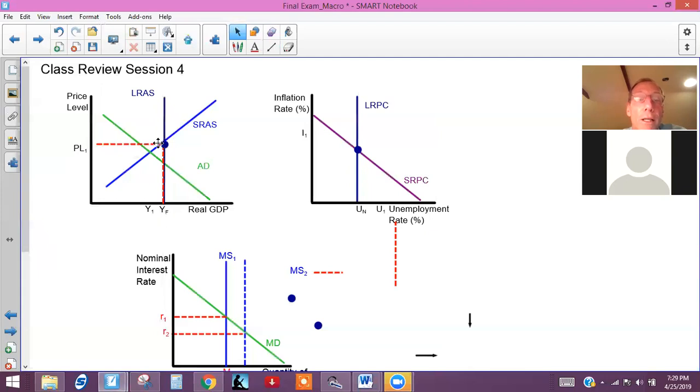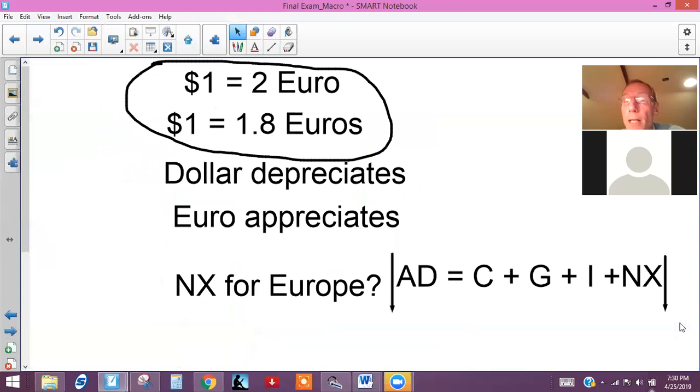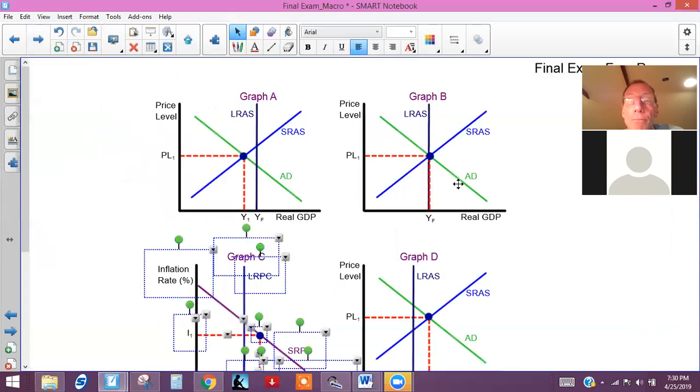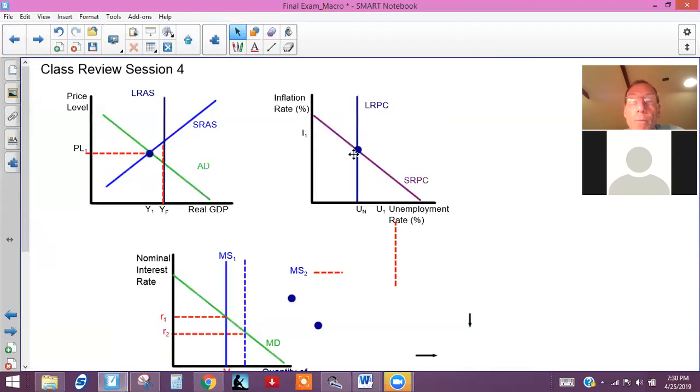So if we're going down to there because the aggregate demand has shifted because net exports went down, as a result of the euro appreciating, then we're going to end up, whoops, wrong way. Sorry about that. We're going to end up here, right? Boom, right there.